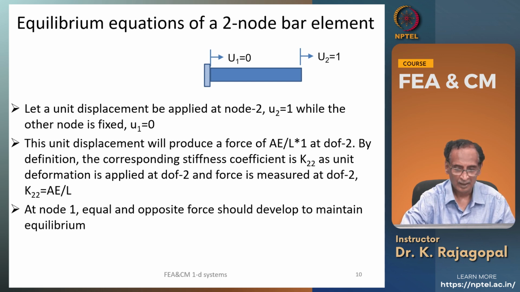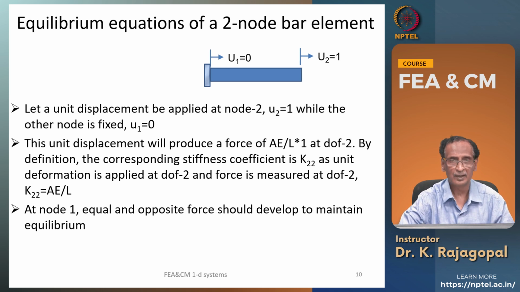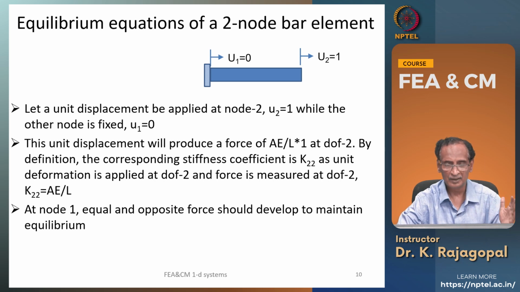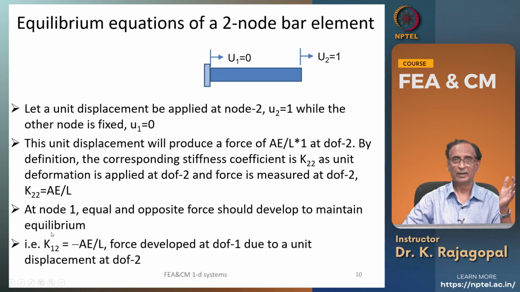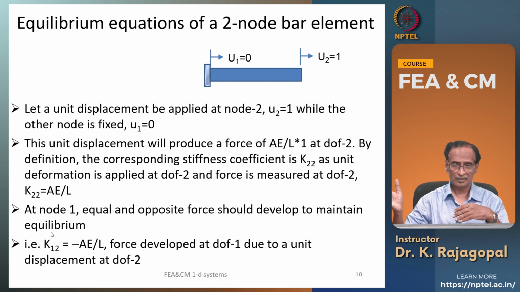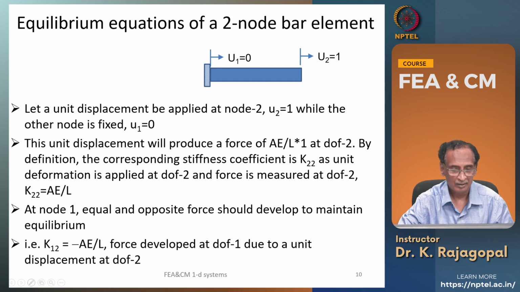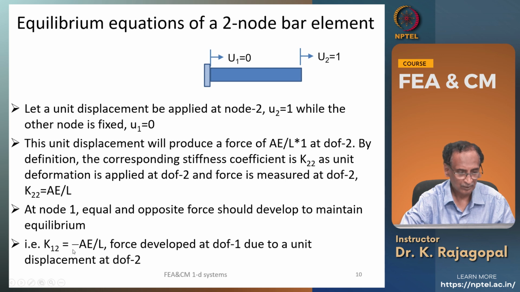And the force developed at degree of freedom 1 because of a unit displacement at degree of freedom 2 will be K12, and that should be equal to minus AE by L to maintain our equilibrium. Otherwise the system will undergo some undue deformations that we call rigid body deformations. So, here our K12 is minus AE by L, that is the force developed at degree of freedom 1 because of a unit displacement at degree of freedom 2.